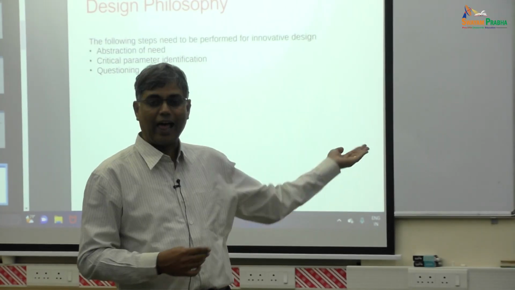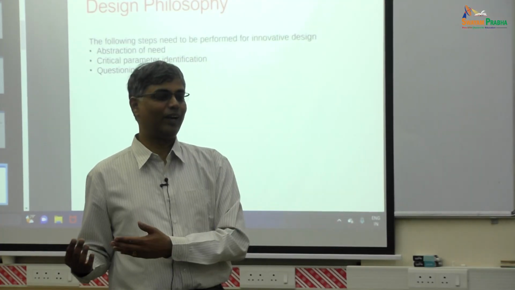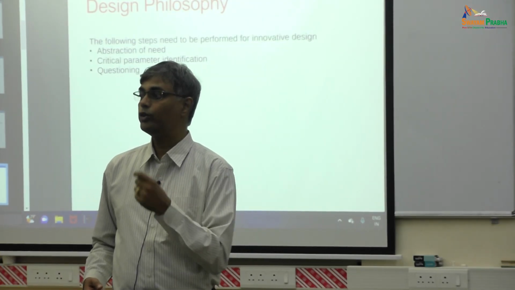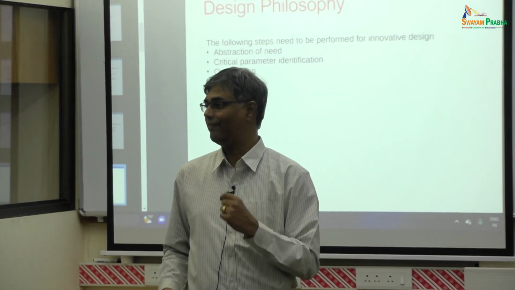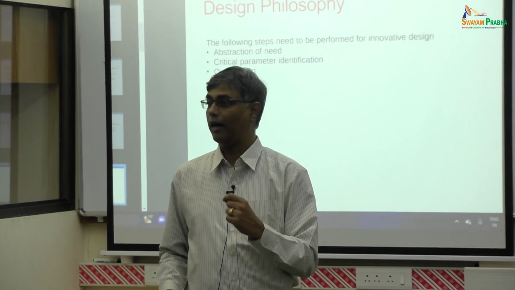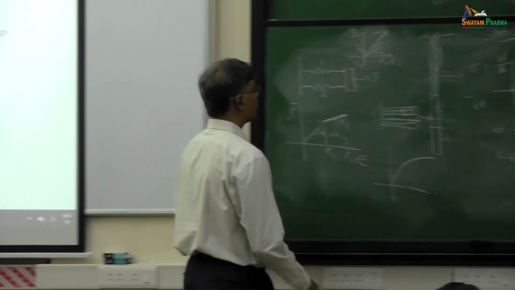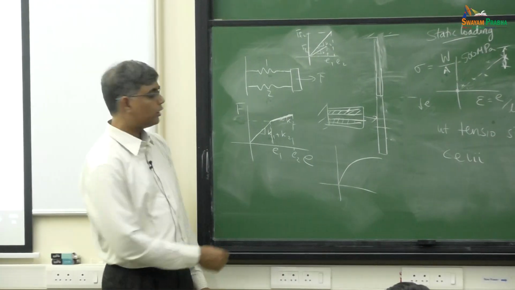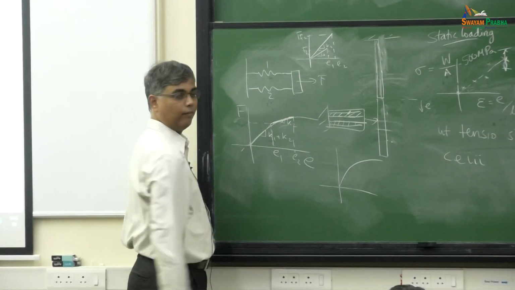If this is made of glass, you would expect K1 and K2 to be some value. Made of rubber, you'll have different K1 and K2. If it's steel, it'll be different. So I should have a systematic way to calculate K1 and K2. The way I would do it in this case is to use real material curves. A real curve of the material will have some curve like that.